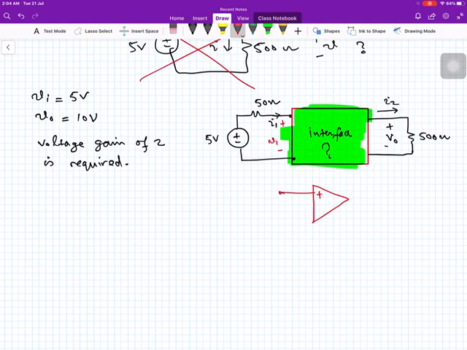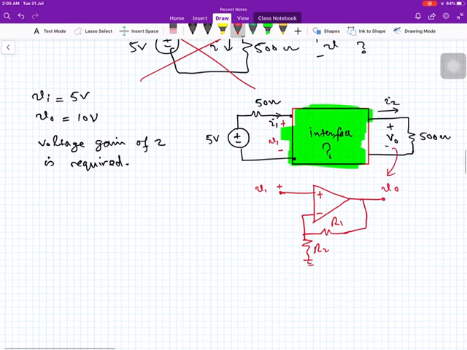So we apply this V1, and this is R2, and over here R1, and this is VO.